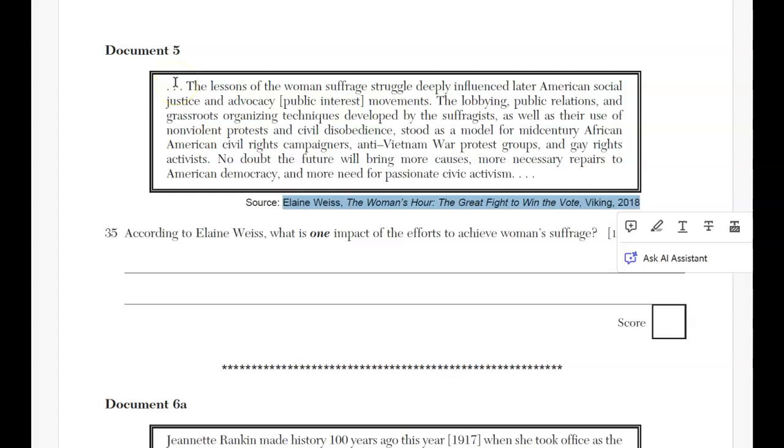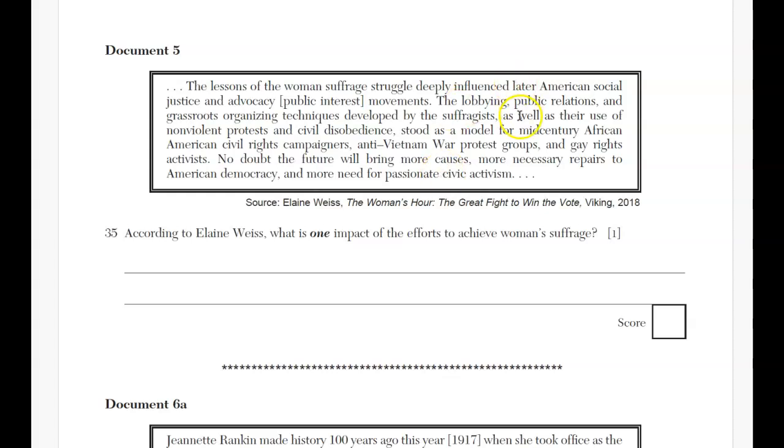The lessons of the women's suffrage struggle deeply influenced later American social justice and advocacy. That is, public interest movements. The lobbying, public relations, and grassroots organizing techniques developed by the suffragists, as well as their use of nonviolent protests and civil disobedience, stood as a model for mid-century African-American civil rights campaigners, anti-Vietnam War protest groups, and gay rights activists.